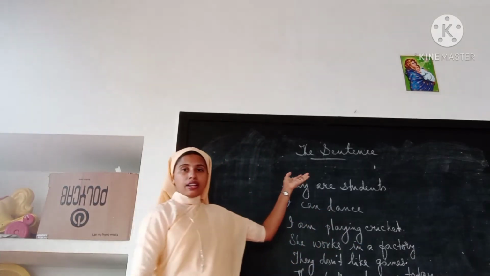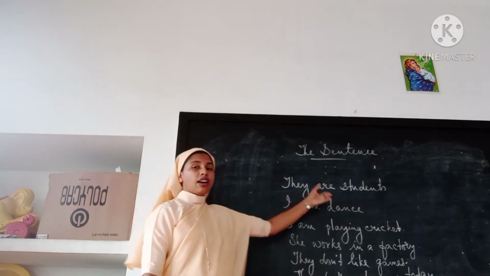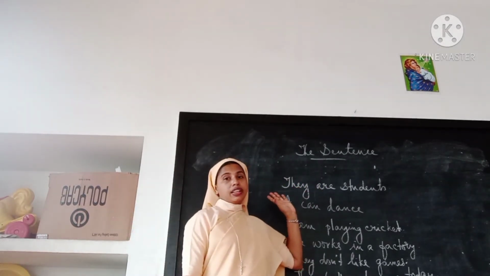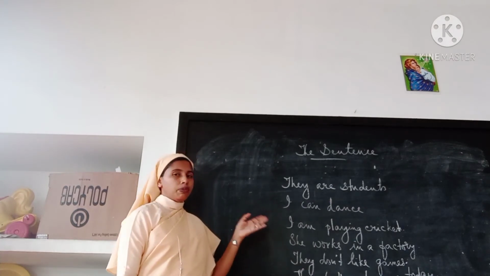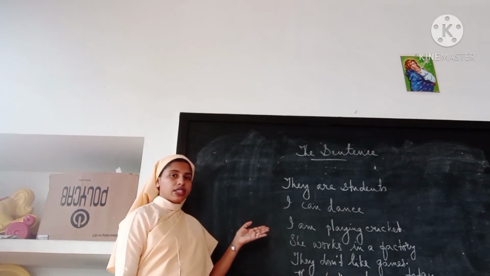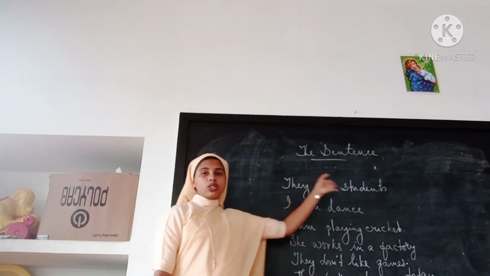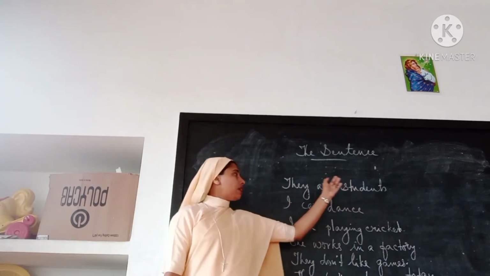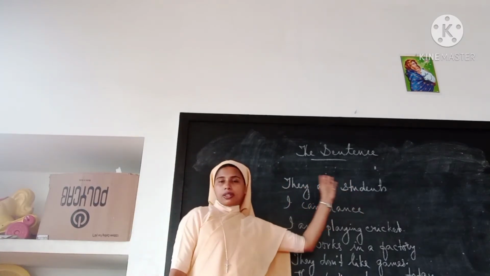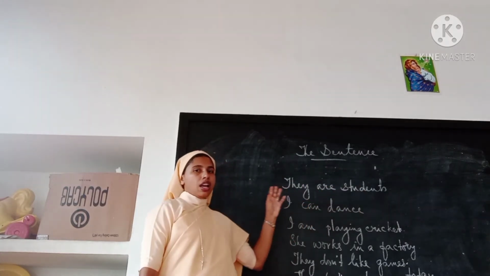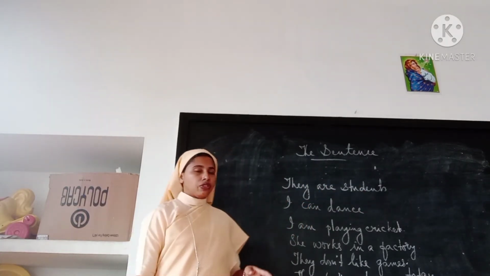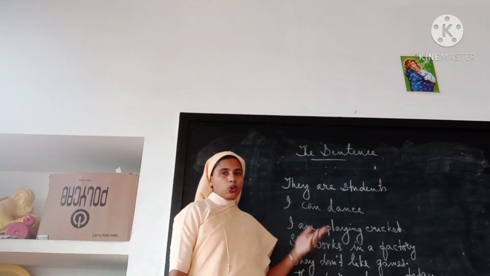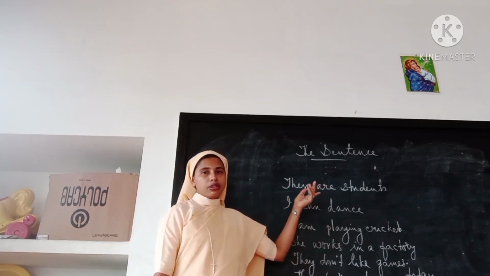Some sentences are written here. For example, they are students. That is a declarative sentence, and question tags will be made for declarative sentences only. They are students. Subject and predicate part. When you make a question tag, you must find the auxiliary. What is the auxiliary here? Here it is used as the main verb.